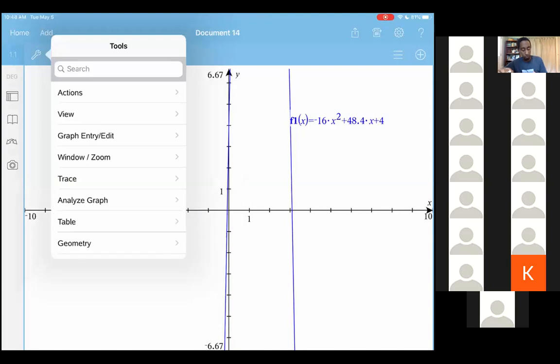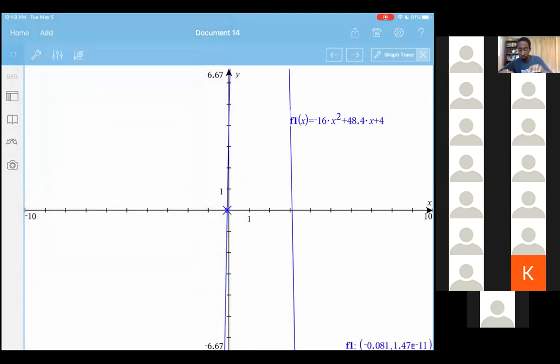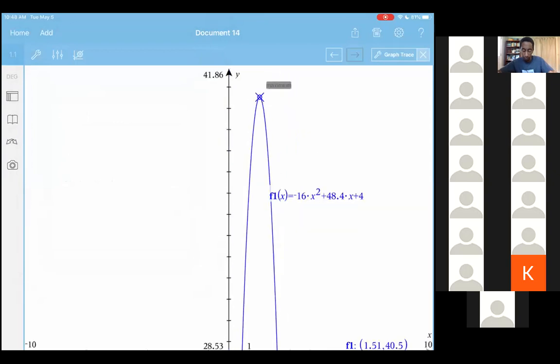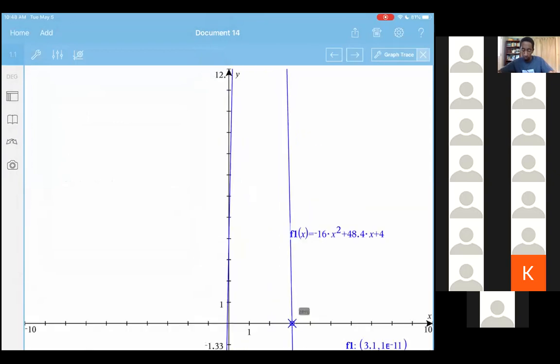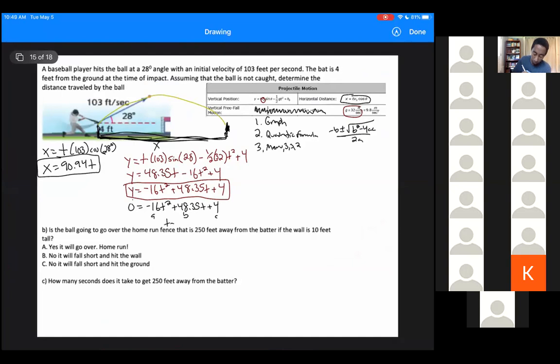Okay, so I'm going to go to trace, and I'm going to go over here. So this is where it hits the ground. 3.1 t, again, x represents t, which is time. So 3.1 seconds. So t is 3.1 seconds. That's how long it takes for the ball to hit the ground. So then now that we know that time, we can plug that in over here.